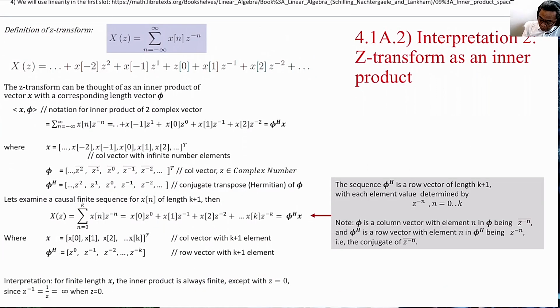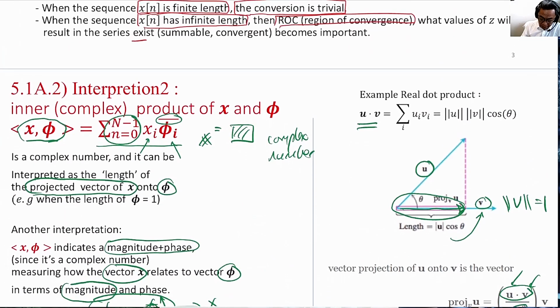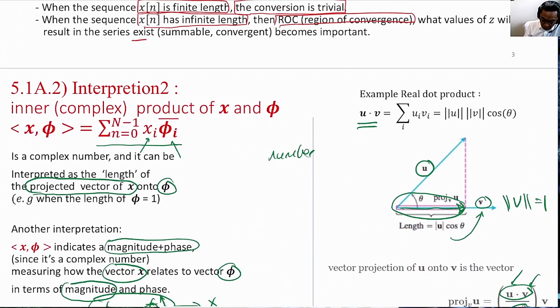Let's now continue with the interpretation, and now we examine that this is phi. Oh, actually this is the conjugate of phi. Because remember that when we are dealing with complex vectors, the second entry must be conjugated.